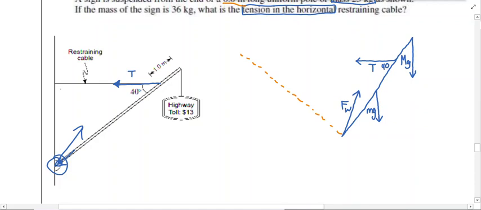Okay, and then I'm just going to draw my first distance to here. And I'm going to call this my D1.